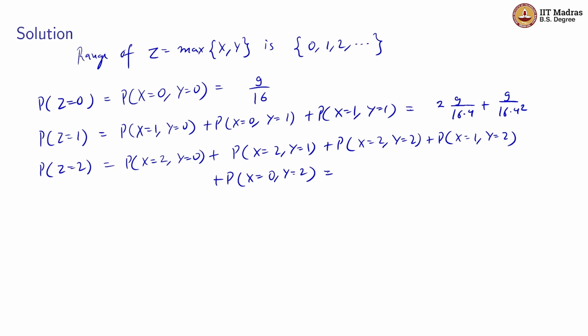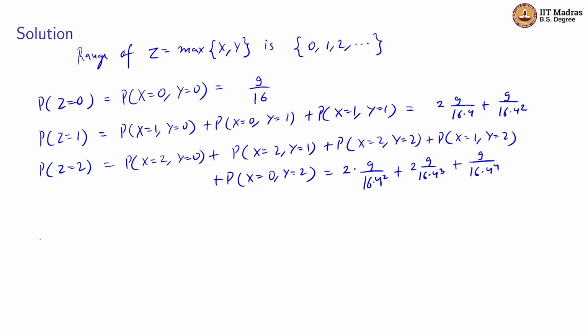So this probability is equal to 2 into 9 by 16 into 4 raised to the power 2 plus 2 into 9 by 16 into 4 raised to the power 3 plus 9 by 16 into 4 raised to the power 4.